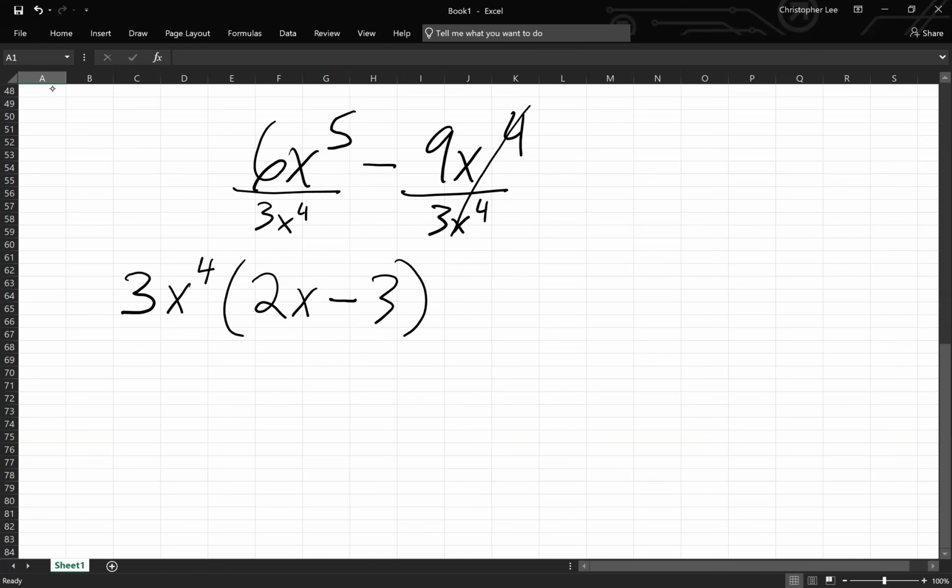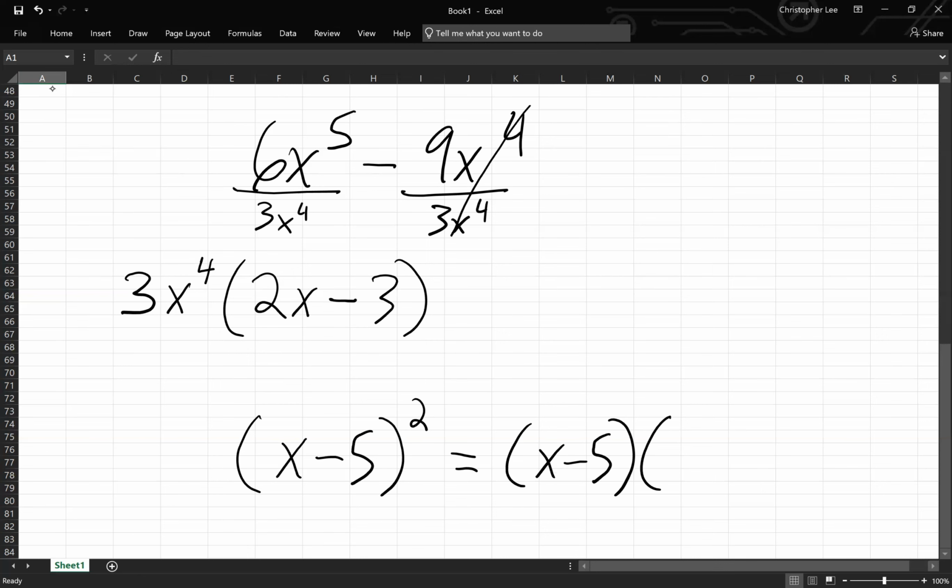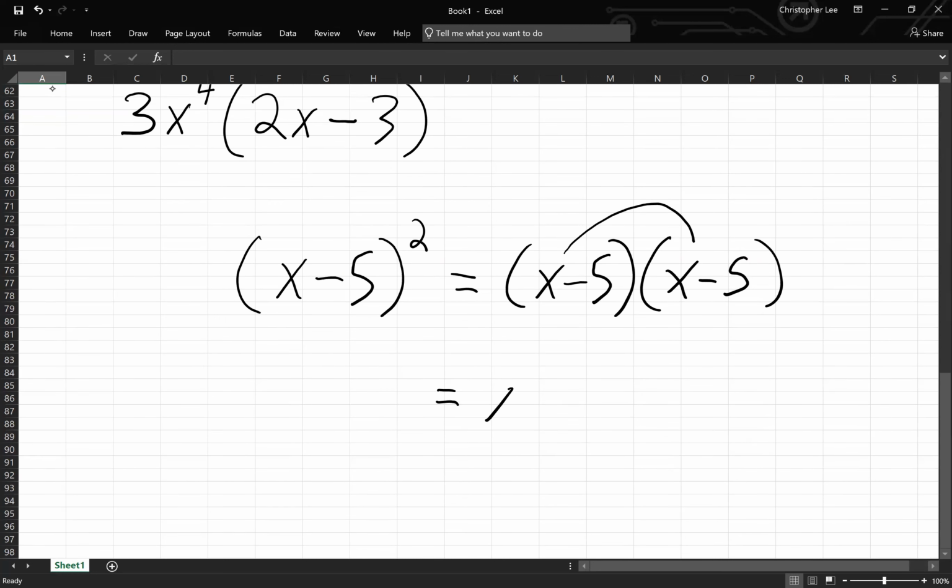I got one. Go ahead. I got parentheses x minus 5, squared. So what this means is x minus 5 times x minus 5, right? So then just FOIL it. First, x times x, that's x squared. Then I'm going to do x times negative 5, which is negative 5x.